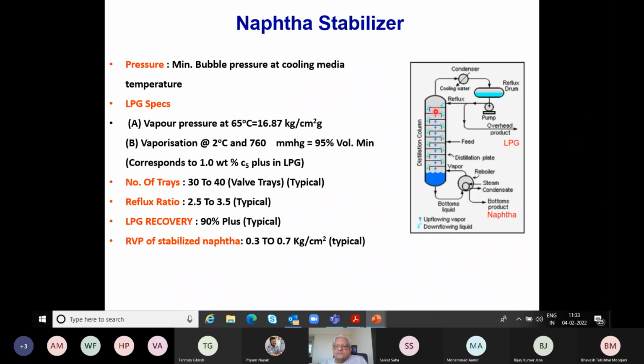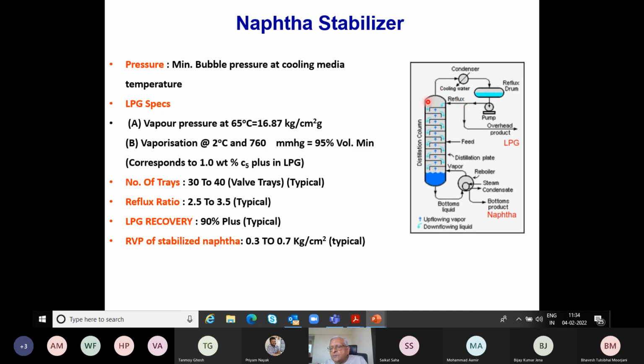The pressure in this column is such that we can use cooling water at the top. So as you know, we have LPG. So this is liquid LPG coming out at the top. So it is propane, butane. There is no propylene and butylene here because crude oil will not contain any olefins. But propane boiling point is pretty low.